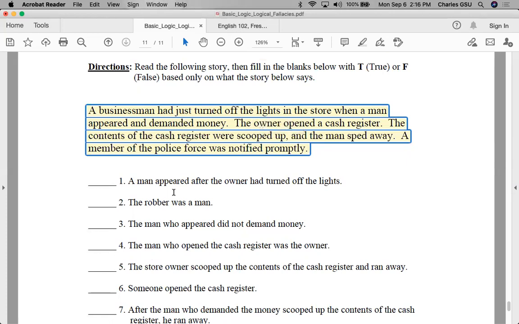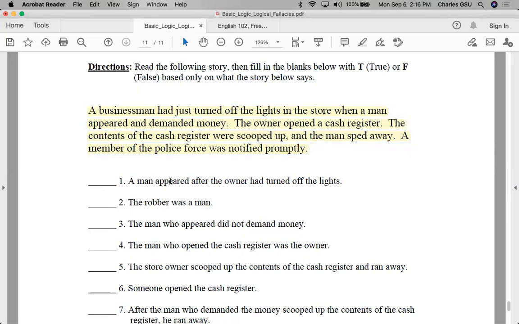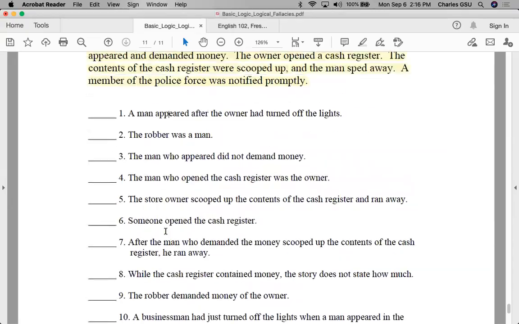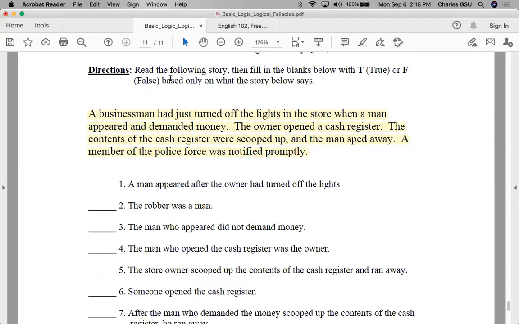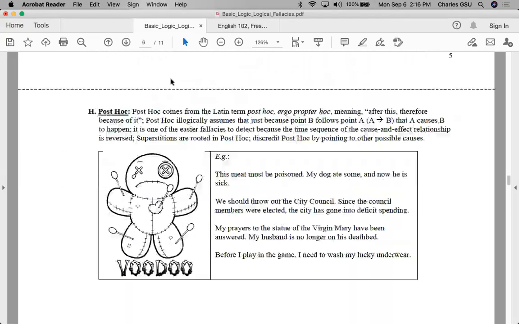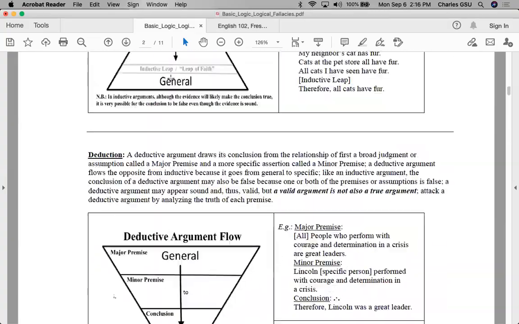In other words, you cannot bring in any outside information or infer that something happened. It has to be stated explicitly in the story and only in the story to answer these questions or statements correctly.